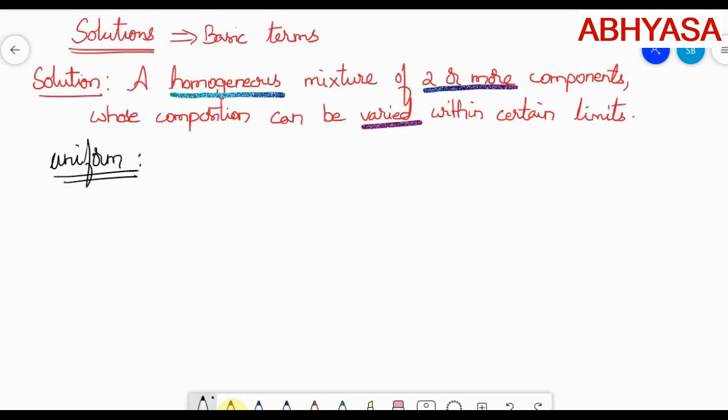For example, if I am taking a glass of water in which I am dissolving sugar. So once I mix this sugar completely in this glass of water, I am getting sugar solution. So once this sugar solution is formed, we will be getting a homogeneous mixture of the two components, that is sugar and water.